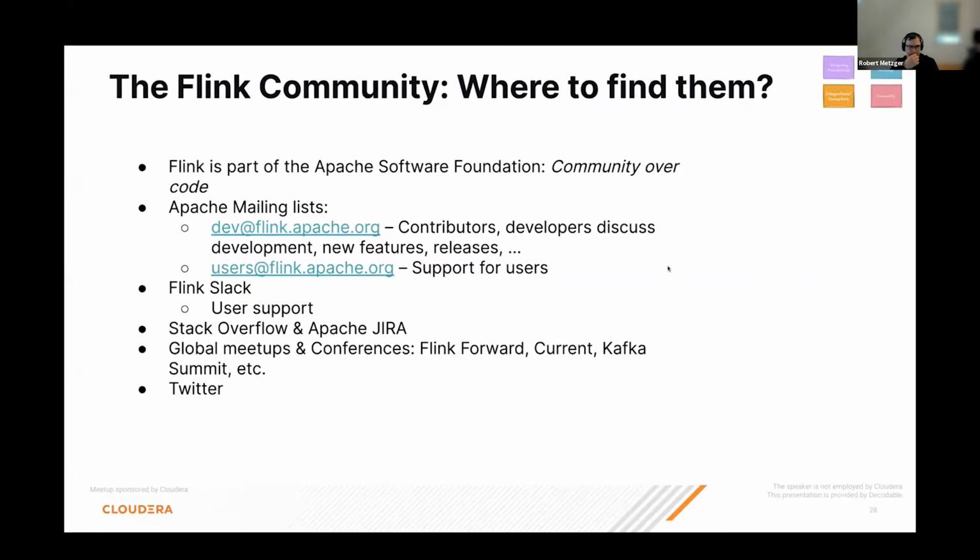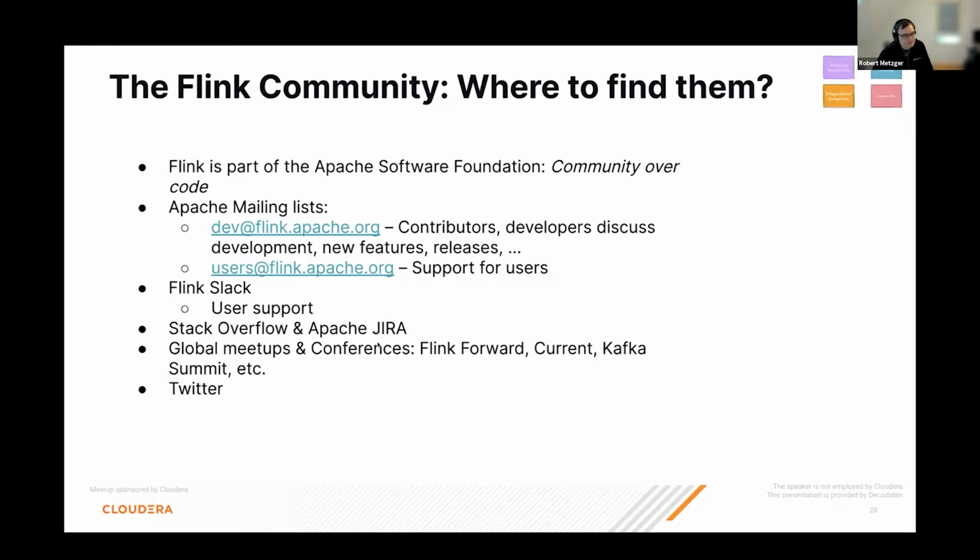Like a year or so ago, the Flink community also added a Slack instance that is mostly used for user support. And then there's quite a lot of information about Flink on Stack Overflow, and also in the Apache Jira that we're using for bug tracking and also tracking of feature progression, which is quite helpful for seeing when something has been fixed in Flink or which versions are affected by a certain bug, or for workarounds and so on.